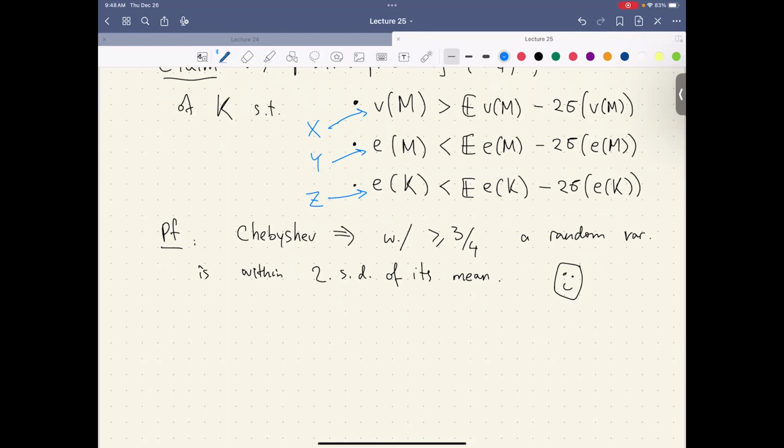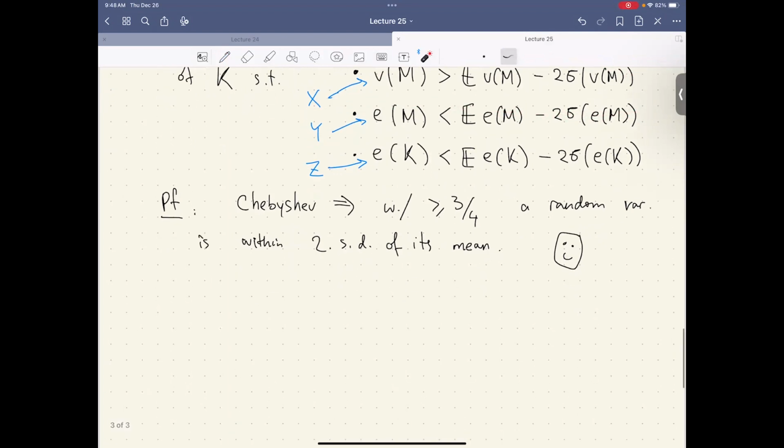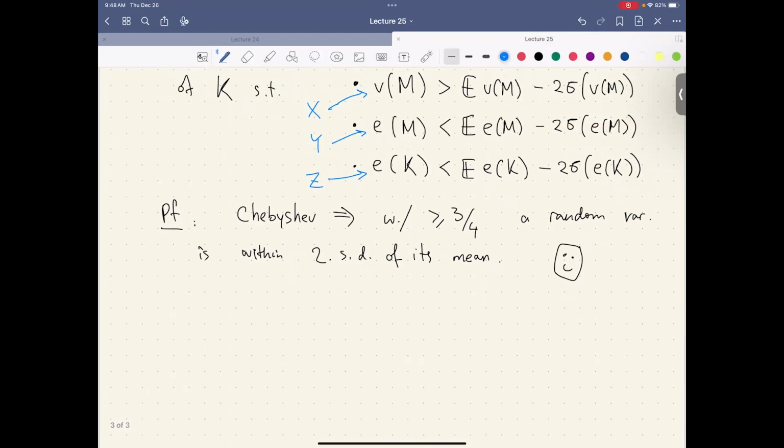Expectation is easy. Let's start with the first moment. Let's first look at X. Let's work on the first moment.